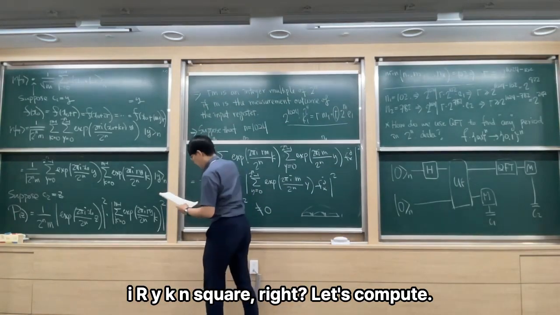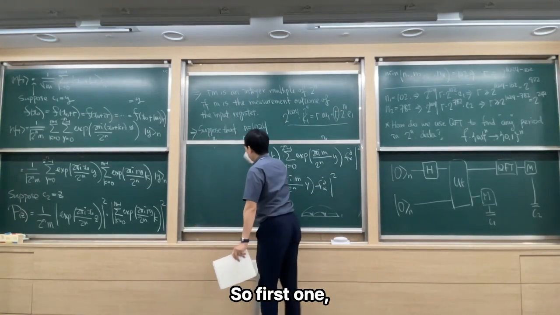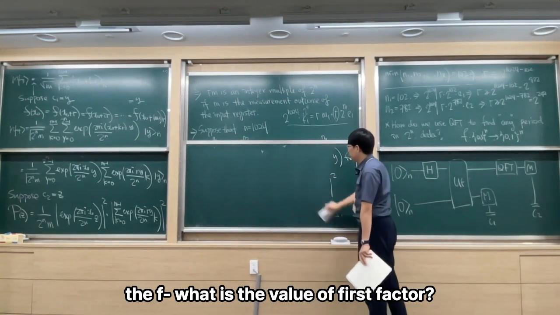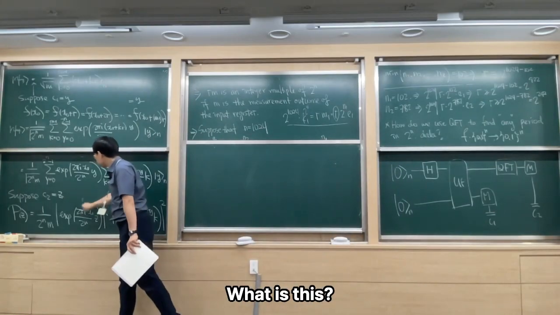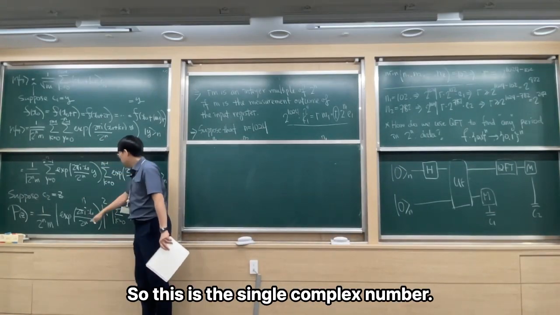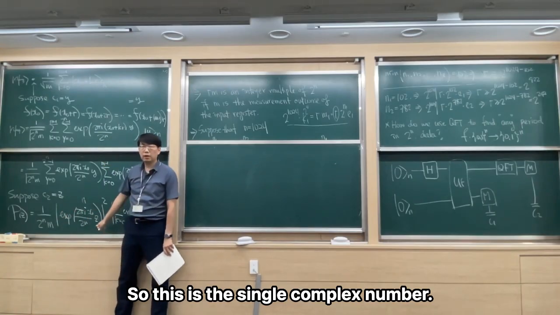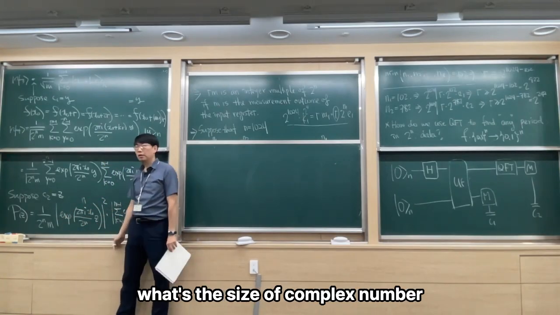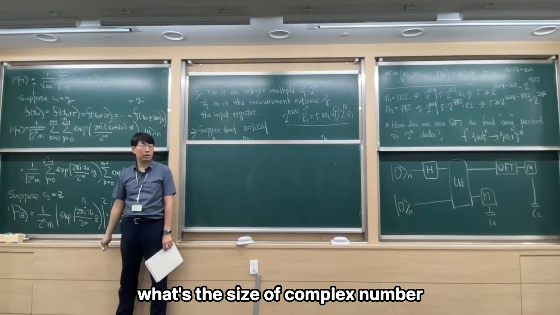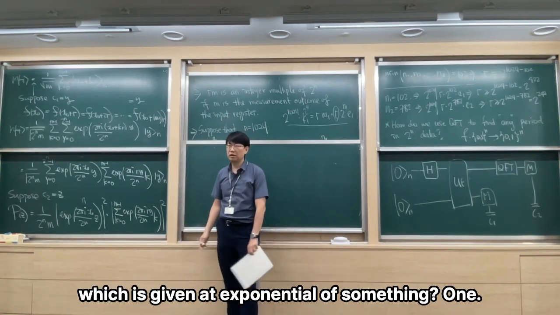Let's compute. So first, what is the value of the first factor? So this is a single complex number. There's no summand. It's the exponential of something. What's the size of a complex number which is given as the exponential of something?